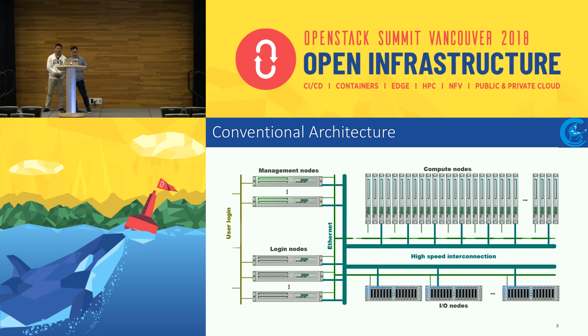And there is another high-speed interconnection for the storage for Lustre. The other part, the left part, is Ethernet access for external users, and another Ethernet for management.